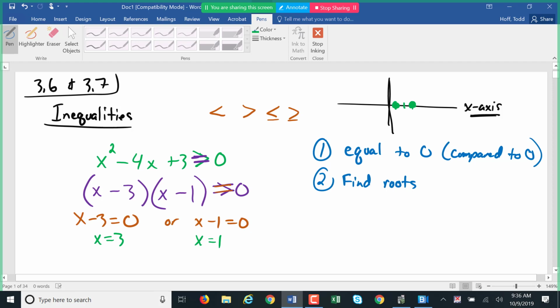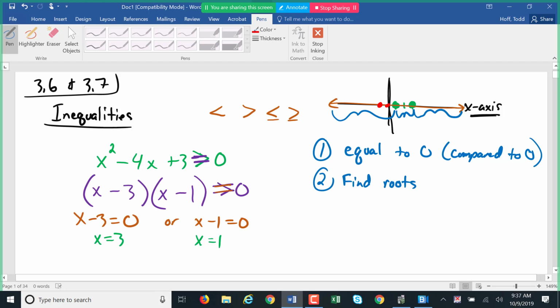What this does is divide the x-axis, the number line, into 3 regions: the region below 1, the region between 1 and 3, and the region above 3. So I need to know where it's greater than 0 and where it's less than 0. I can just pick a test point from any of those regions.